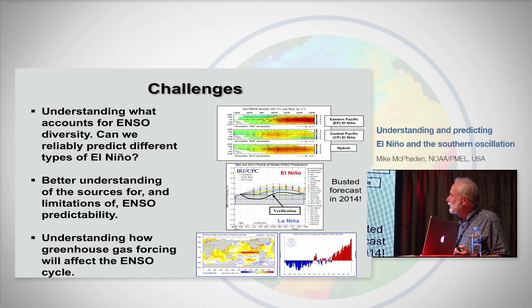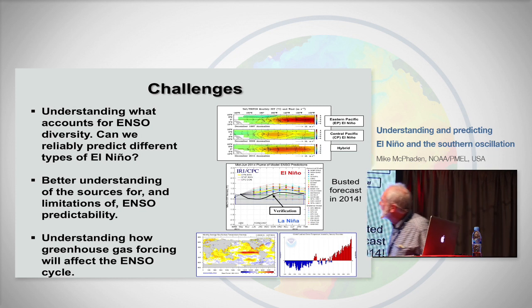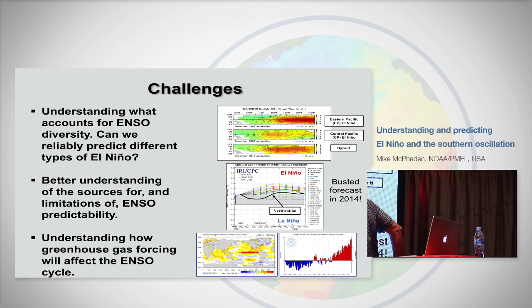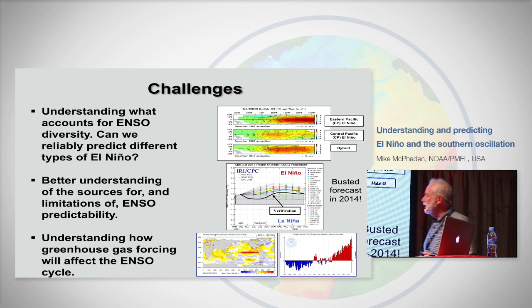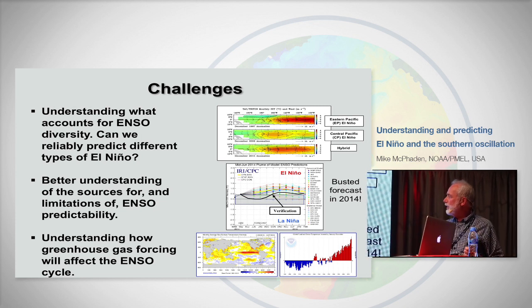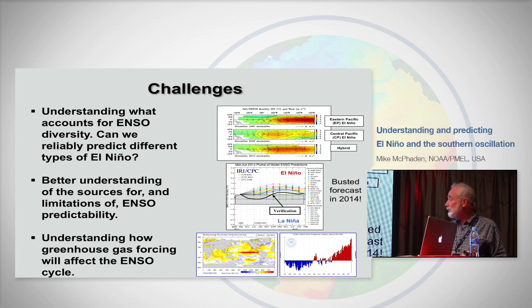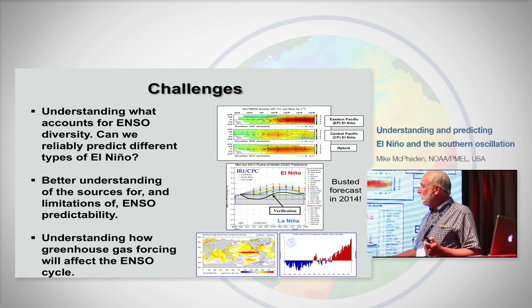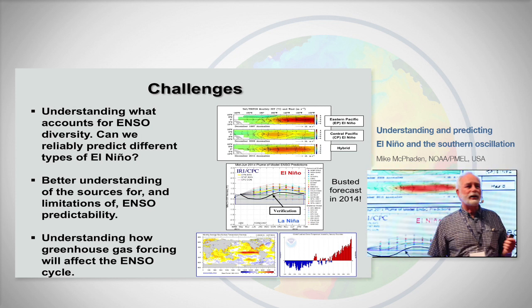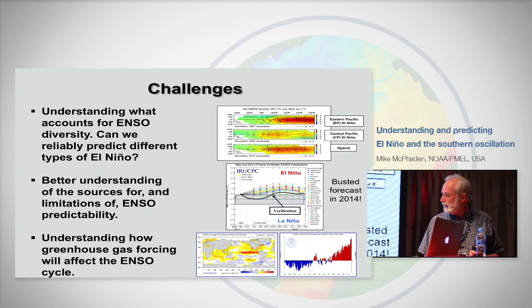This is the forecast plume for June 2014 initial conditions. Virtually everyone's saying it's going to be an El Nino, and some are saying it's going to be a pretty big El Nino. And there's the verification. It fizzled out. And obviously, we have a lot to learn about what the sources of predictability are and the limitations of predictability.